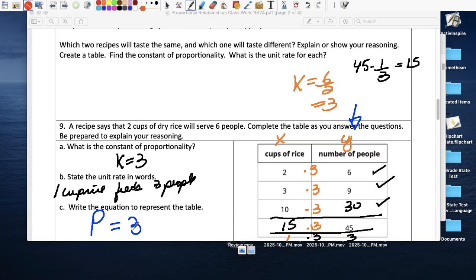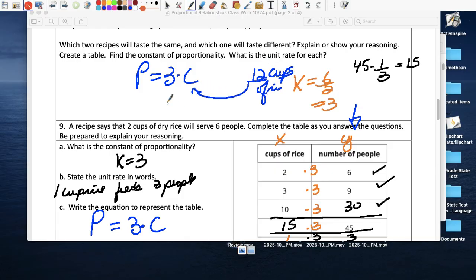So if I had 12 cups of rice, how many people can I invite over? I'm going to take this 12 and put it over here. So I would go 3 times 12, and I can feed 36 people.